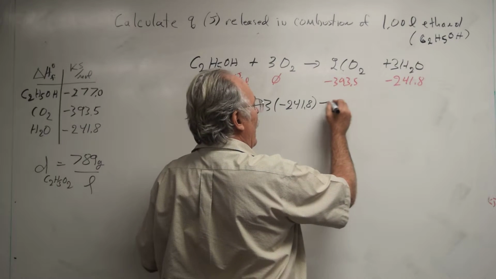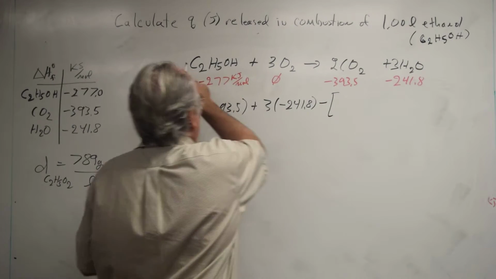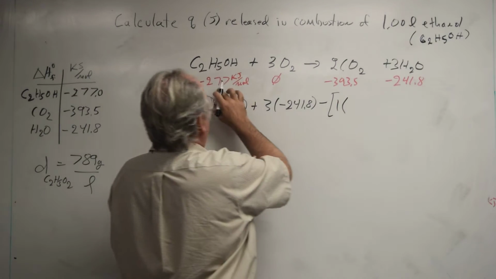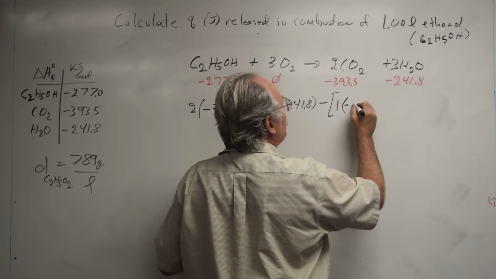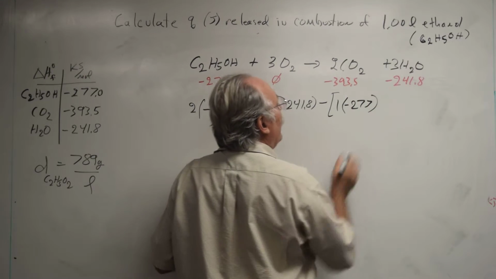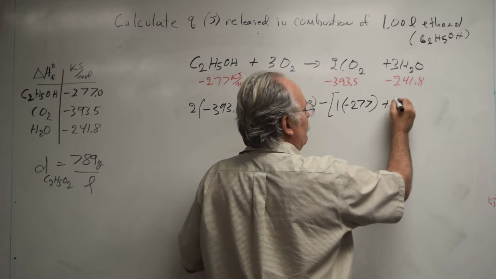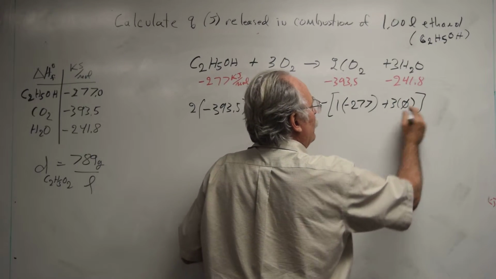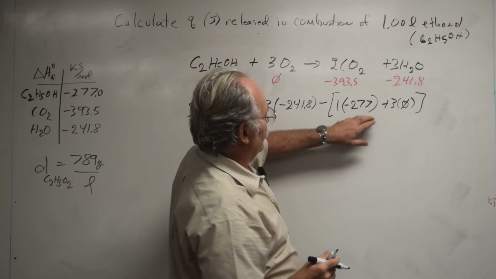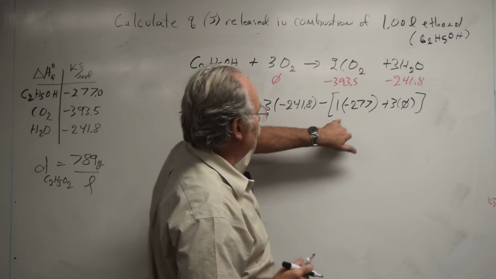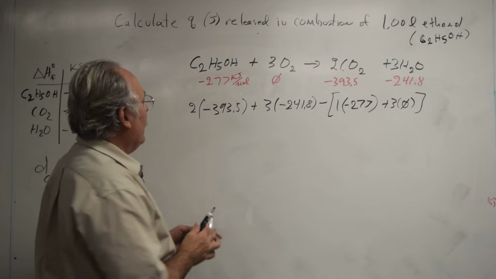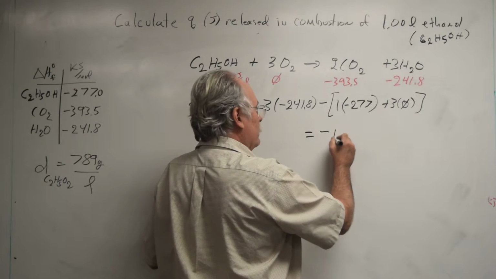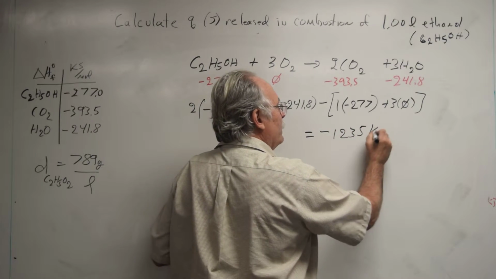I now subtract the coefficients, which in this case is 1, I'm going to put it in there anyways, times the value of the reactants, which is minus 277. And I'm going to put in here anyways, you probably should omit it, 3 times 0. I've subtracted the enthalpy of formation of my reactants times their stoichiometric coefficients. And I bring out my calculator, and this is equal to minus 1235 kilojoules.